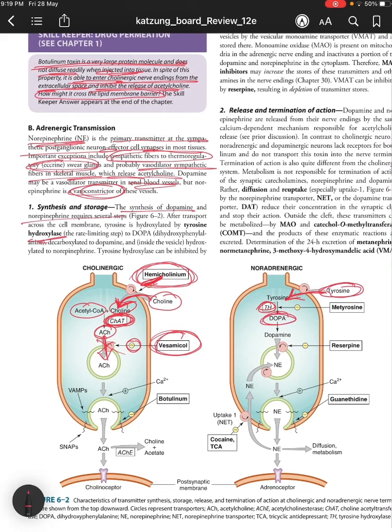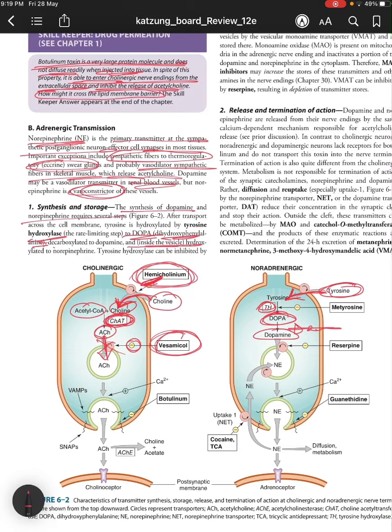Okay, tyrosine to dopa, and dopa is dihydroxyphenylalanine, and dopa is decarboxylated to dopamine. Dopa decarboxylase is the enzyme that occurs here. So tyrosine is hydroxylated to dopa, and dopa is decarboxylated to dopamine.